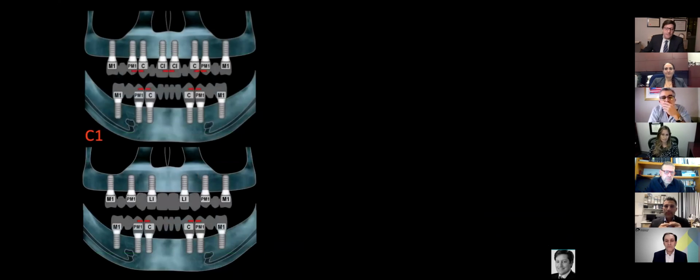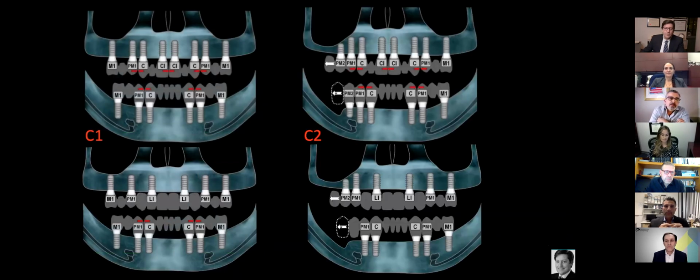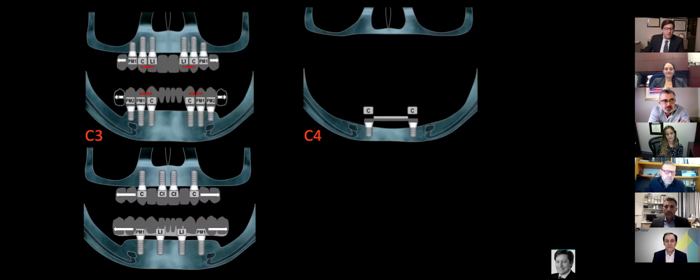And then based on that, we were able to propose different implant prosthetic protocols, a little bit like guidelines, where you can determine that your patient has a C1 or a C2 or C3, and then you go choosing what implant prosthetic protocols you want to have, whether it's a one piece, whether it's a segmented restoration, and the same for the C3 and the C4.